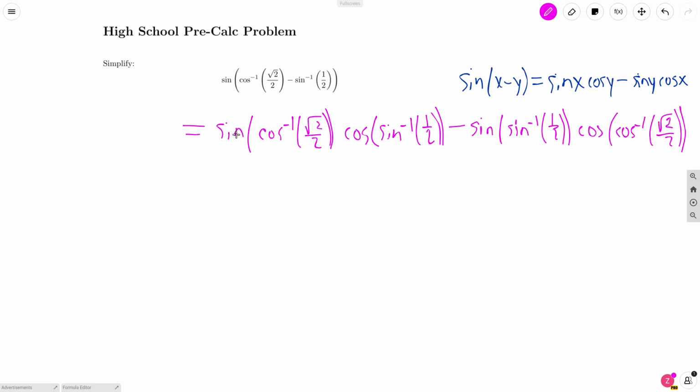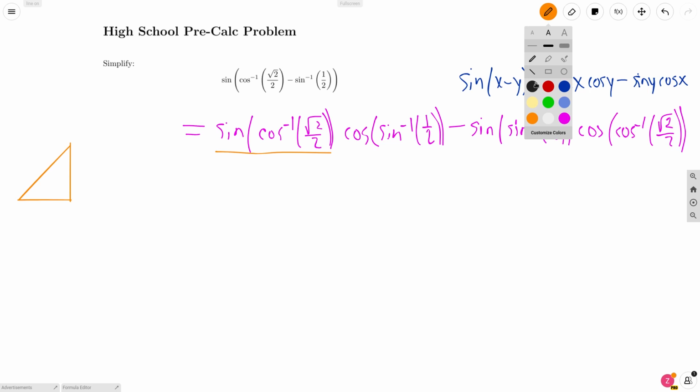These first two, this one and this one, we can go ahead and do using triangles. So for example, let's calculate this one first. We're going to make a right triangle, and we're going to say that cosine inverse of the square root 2 over 2 is equal to theta.